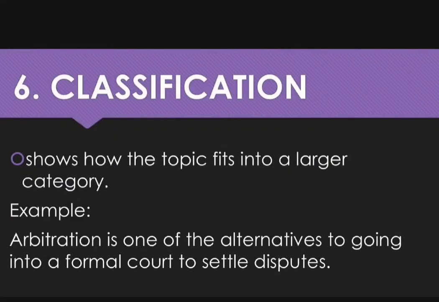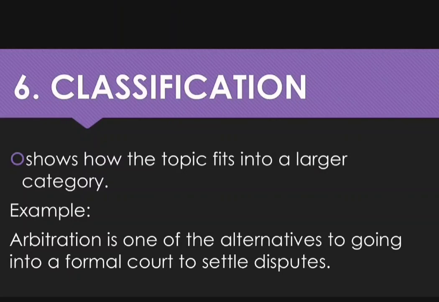And we have the classification. It shows how the topic fits into a larger category. Example, arbitration is one of the alternatives to going into a formal court to settle disputes.